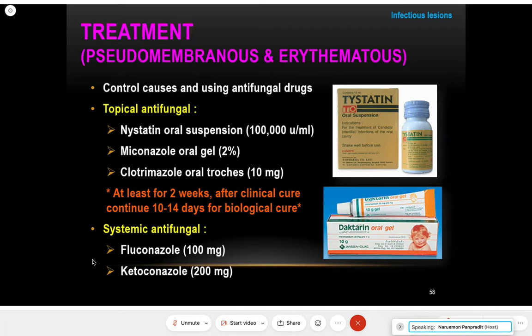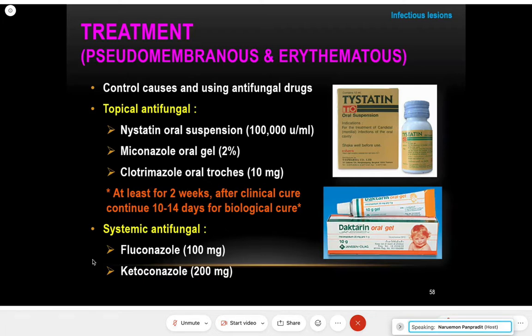If you stop suddenly after 2 weeks, the recurrence will come very fast. So the recommendation is at least 2 weeks, and if it disappears 100%, the clinical cure, prescribe another 2 weeks for the biological cure.